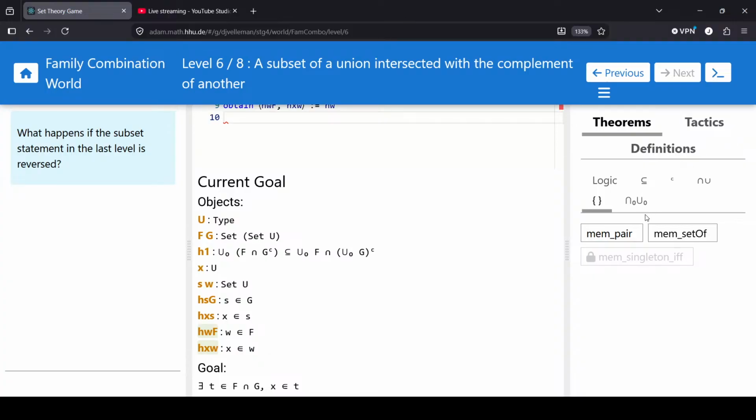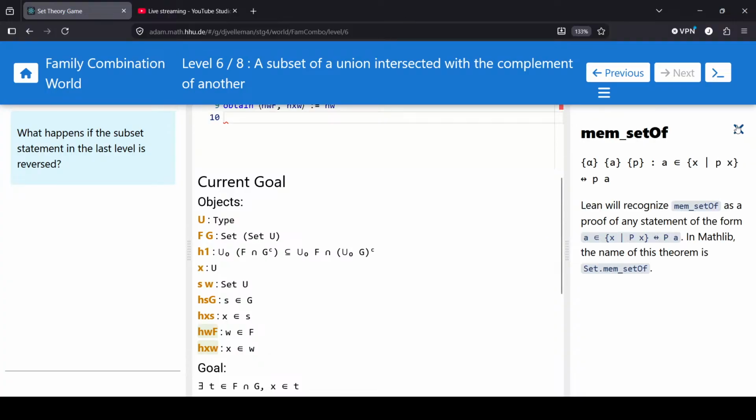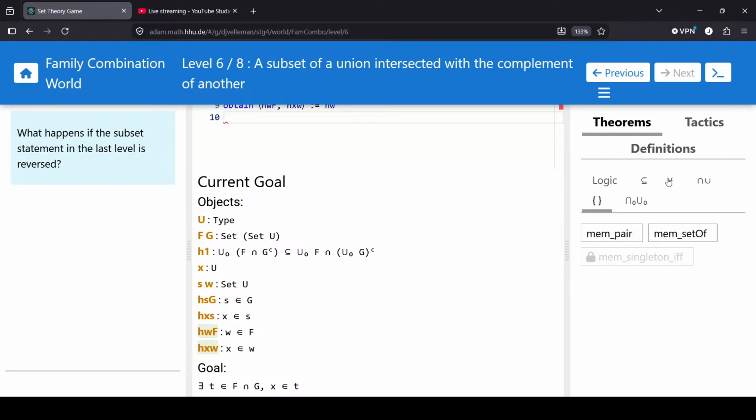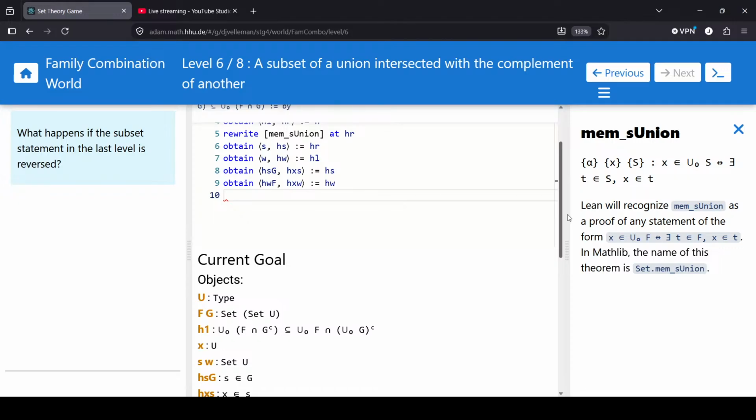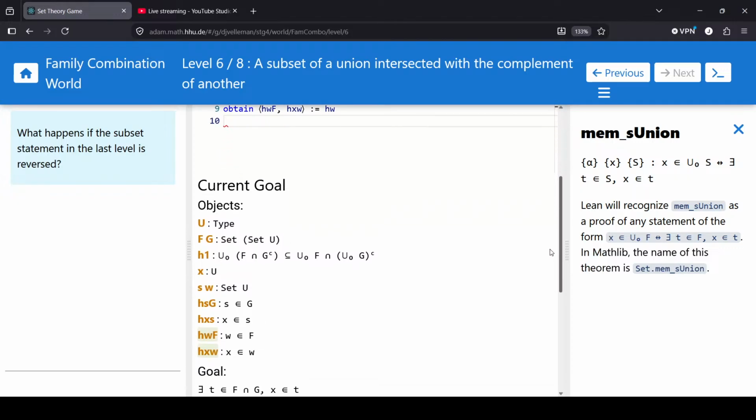Is Mem-Pair somehow involved? I feel like it isn't, but I don't know. At this point, I just don't know anything. I know nothing.